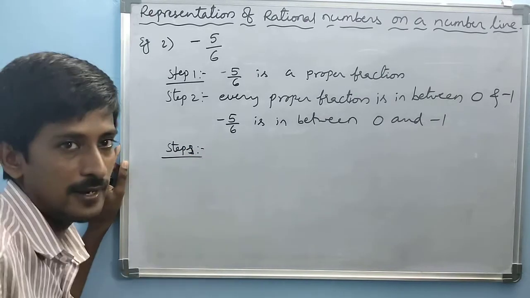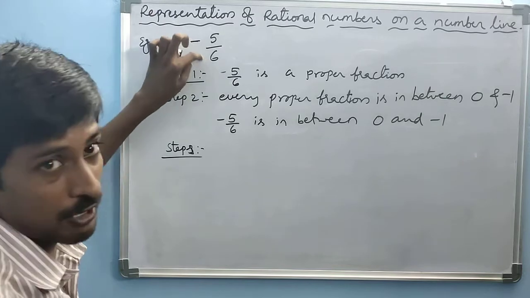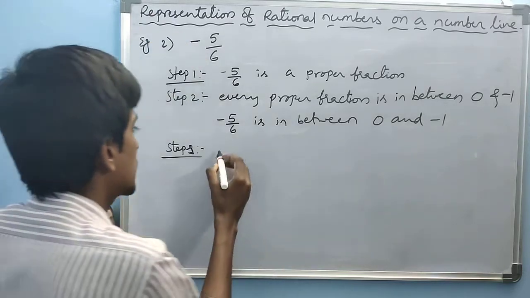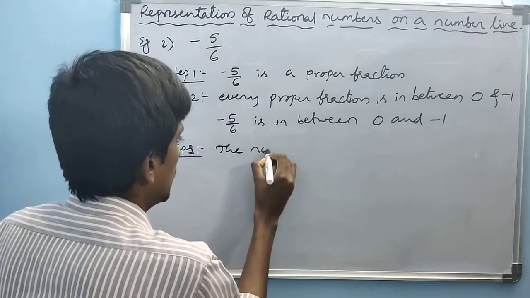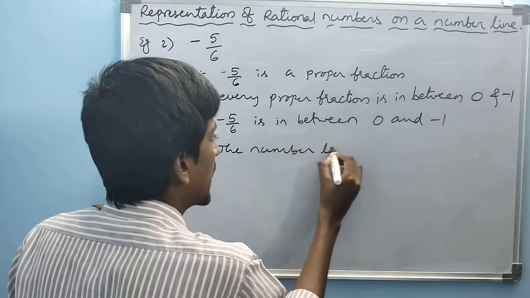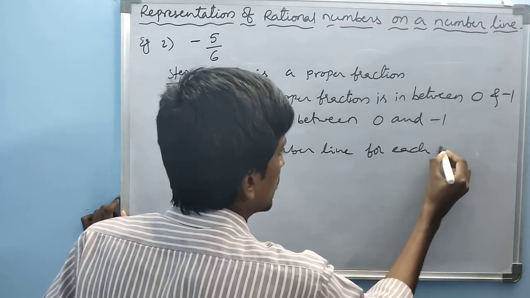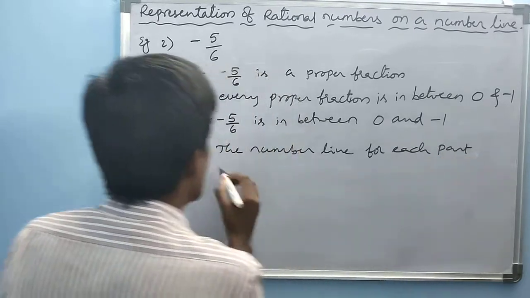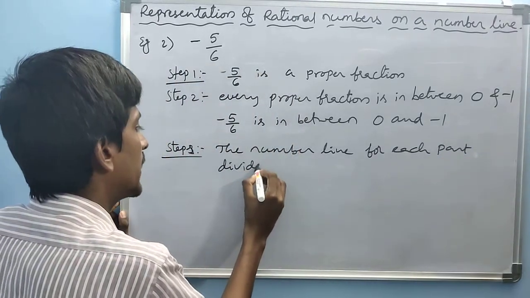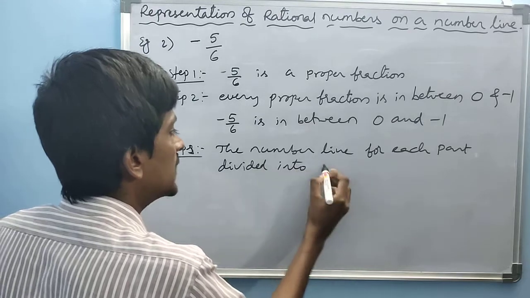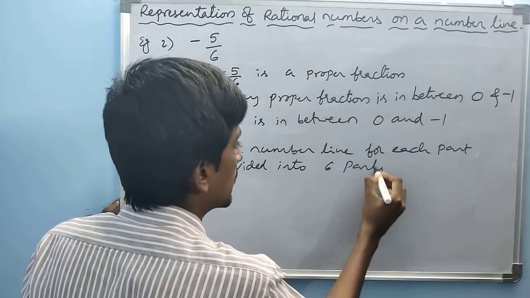So, step 3. What is step 3? The number line can be divided into how many parts? 6 parts. Each part of the number line is divided into how many parts? 6 parts.